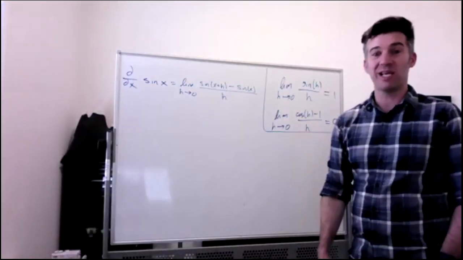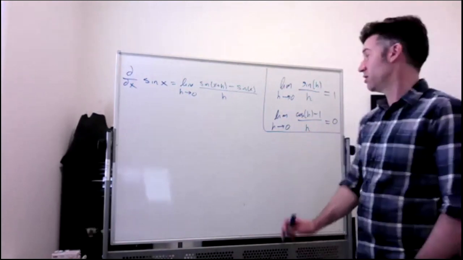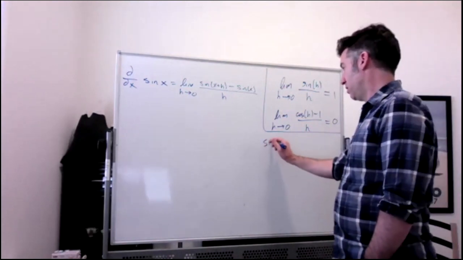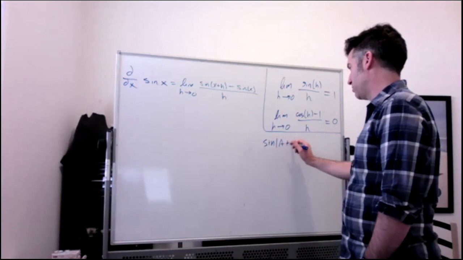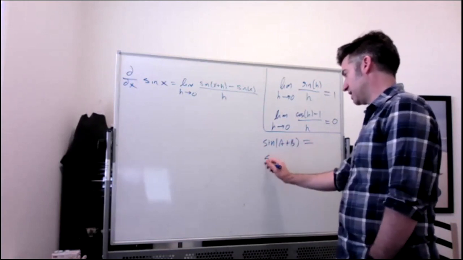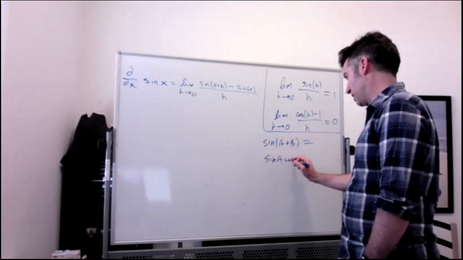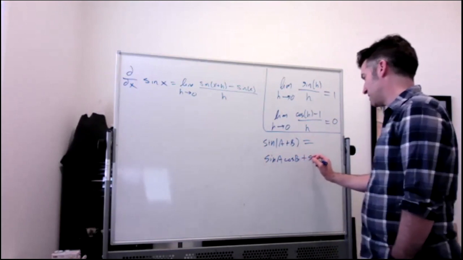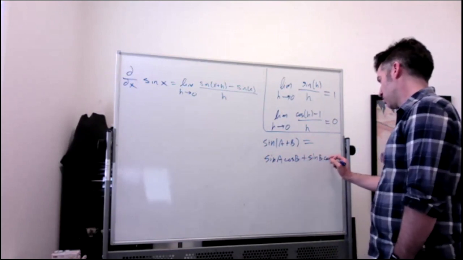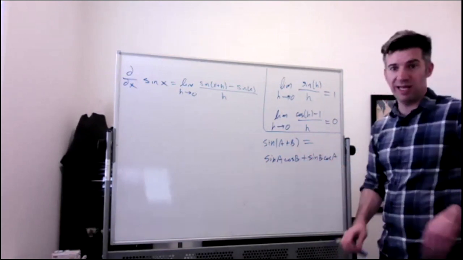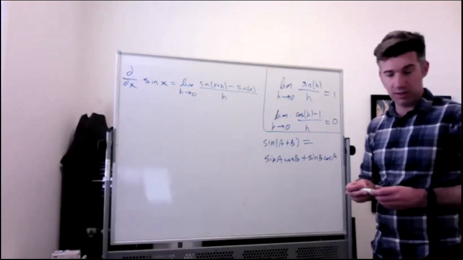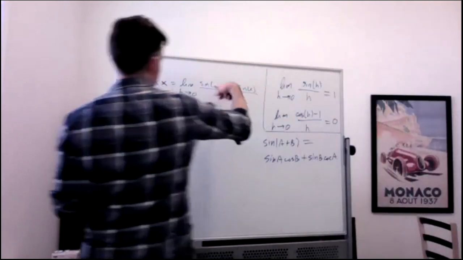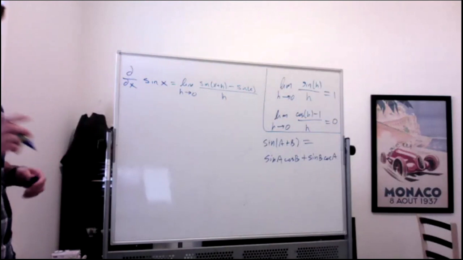We need the angle sum identity for trig functions. So it is true that sine of a plus b is equal to sine a cosine b plus sine b cosine a. That's the angle sum identity. So I'm going to use that to re-express sine of x plus h.